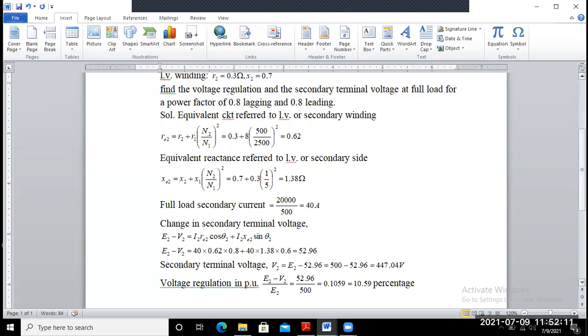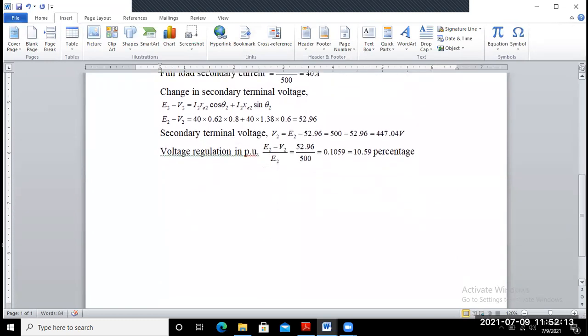So this problem is solved for the lagging power factor, and in part 2 we find the regulation for the leading power factor. What is the formula for the leading power factor regulation? It is the same as the previous one, only the plus sign changes to a minus sign. That means change in secondary terminal voltage E2 minus V2 equal to I2 Re2 cos theta 2 minus I2 Xe2 sin theta 2.